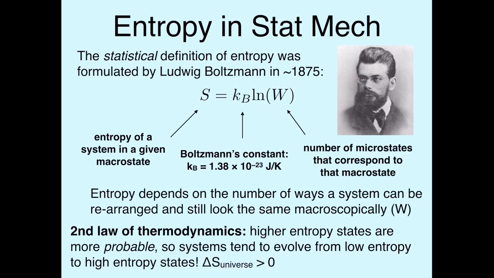So all the second law of thermodynamics is really saying is that if entropy increases, all that's happening is the system is going from a state that's less probable to a state that's more probable. All that the second law really says is the system tends to go to the more probable state. That's really all it means.